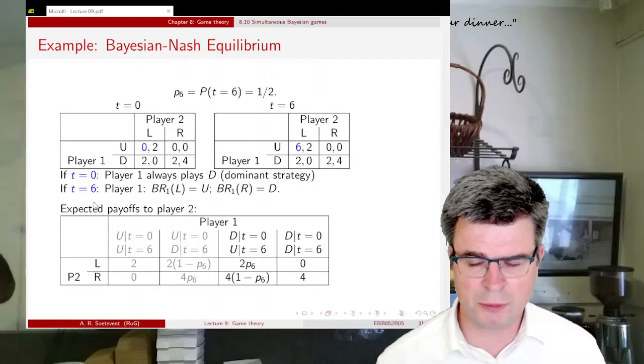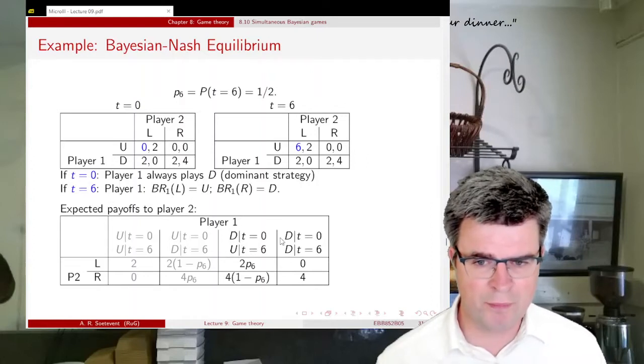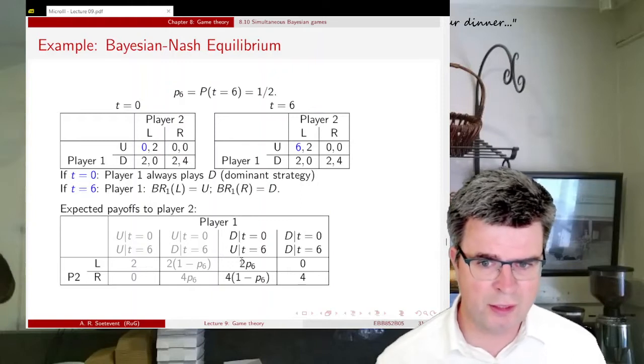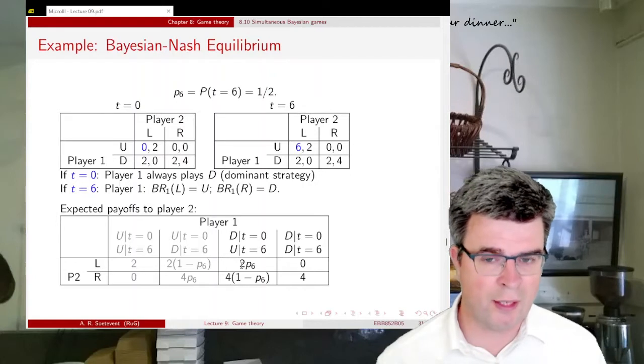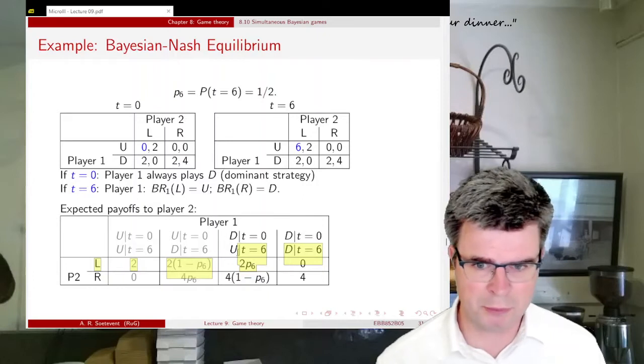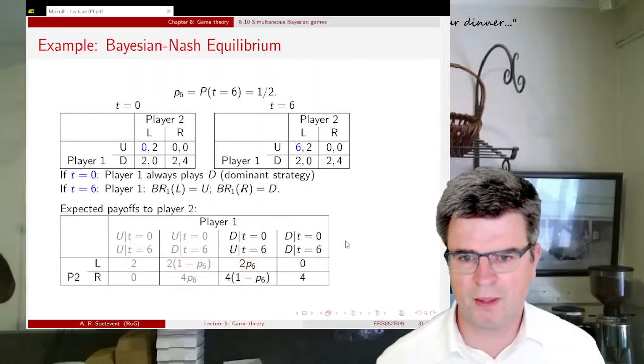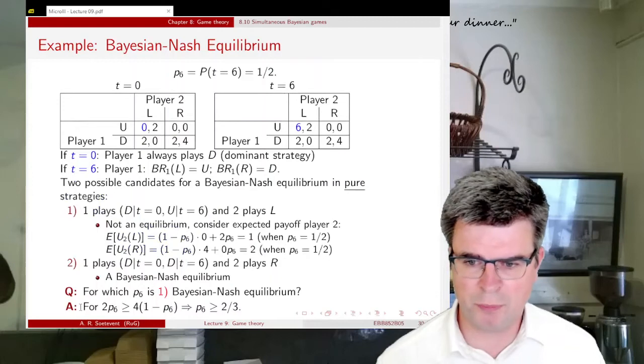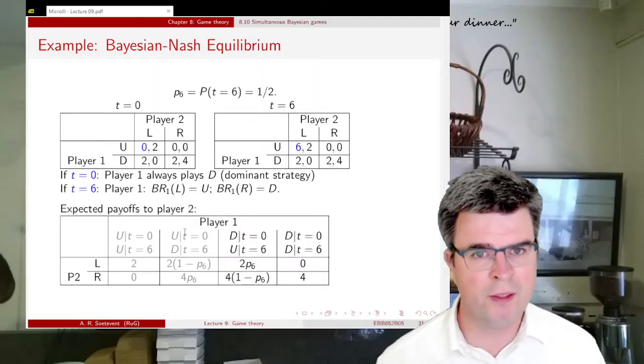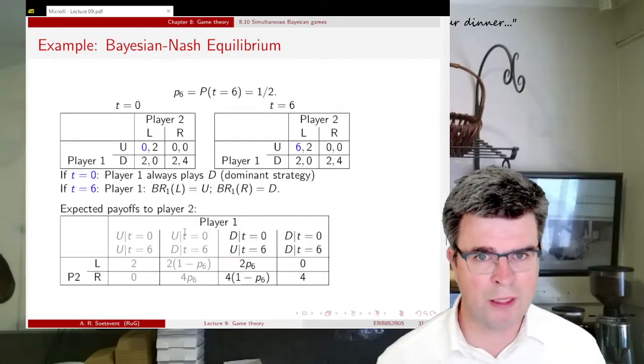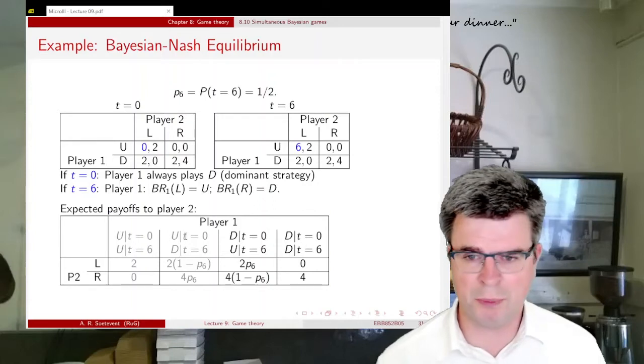And so these are the expected payoffs to player 2. And given that player 1 follows this strategy, it's only optimal for player 2 to choose left if 2 times P6 exceeds the value 4 minus 1 minus P6. So it's the same thing as what we derived here, but in the form of a table as is presented in the book as well.